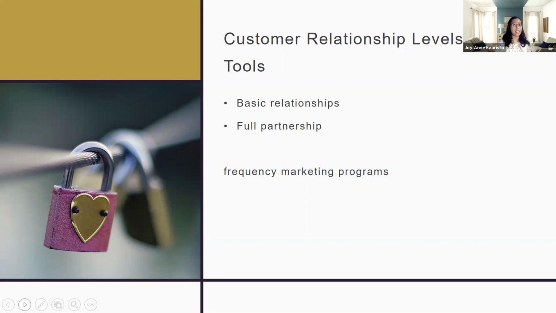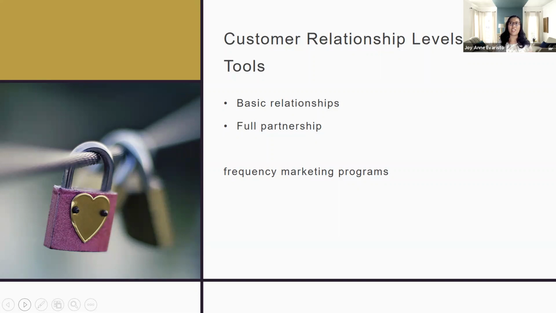For example, SM, Starbucks, Coffee Bean, and other companies are doing what we call frequency marketing programs, wherein you earn points, or you earn vouchers for that matter, or you earn raffle coupons, just to make sure that you will keep on buying their product, or you will have a closer relationship to them.